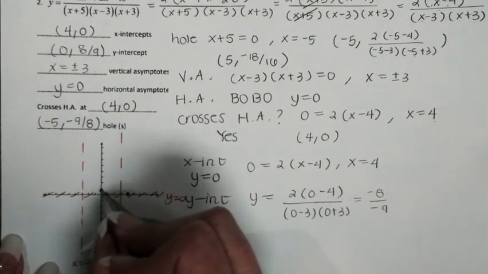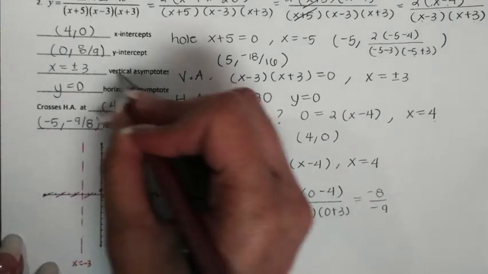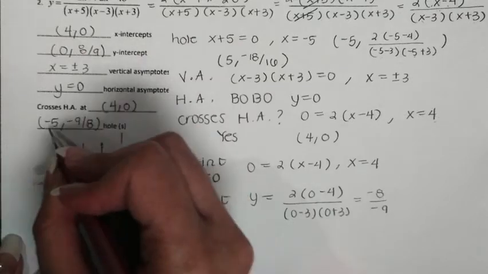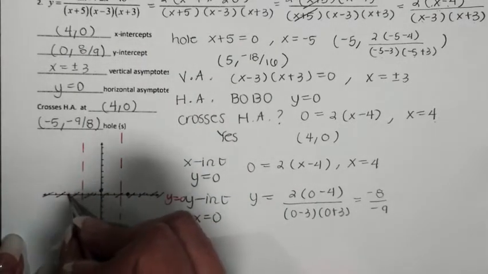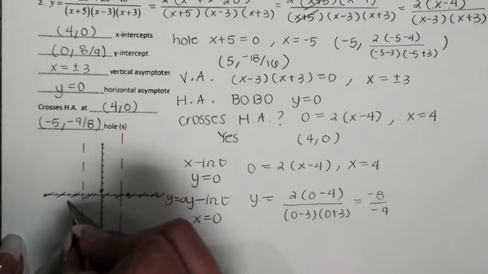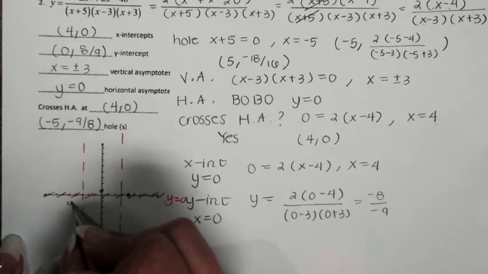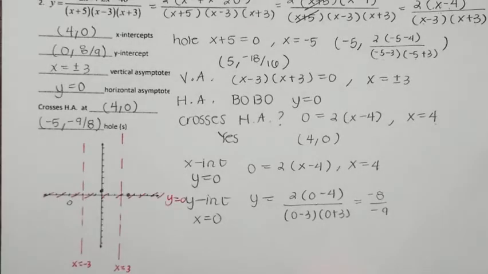Okay, then crossing this one. Okay, we already put that one, and then the hole is going to be at negative 5, 1, 2, 3, 4, 5, and then negative 9 over 8, so a little bit over 1. Okay, so it's there.